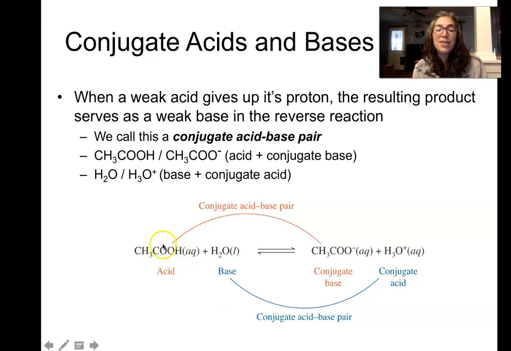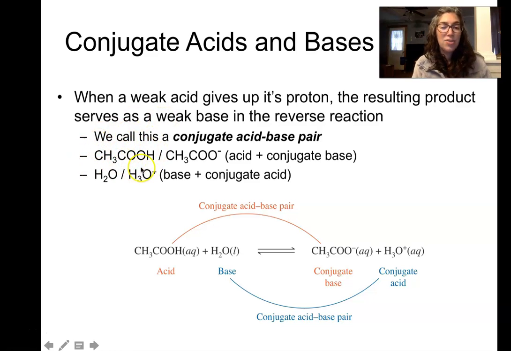So whichever is the acid in the forward reaction becomes the conjugate base in the reverse reaction, and whichever substance is the base in the forward reaction becomes the conjugate acid in the reverse reaction. In other words, whichever thing is accepting the proton in the forward reaction is going to give up the proton in the reverse reaction. So conjugate acid-base pairs are identical compounds that differ by an H+.